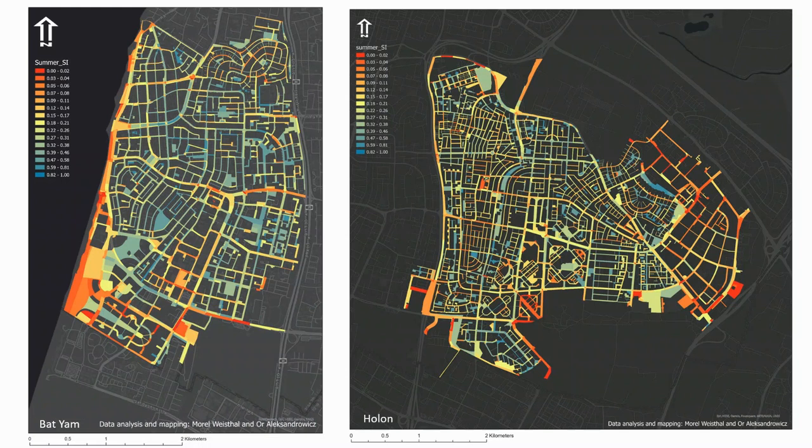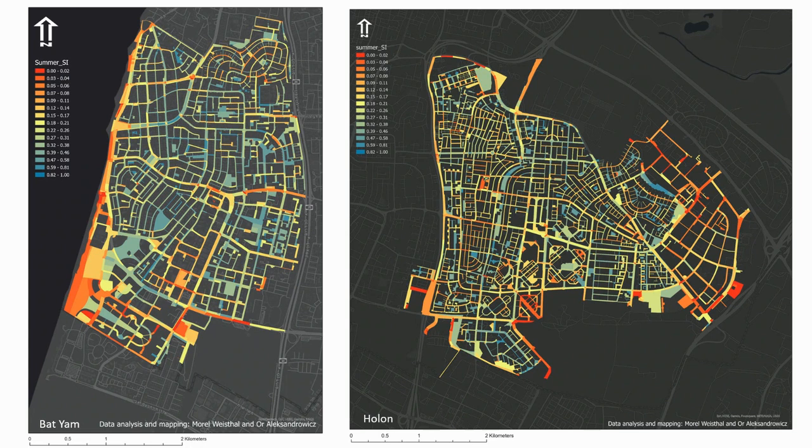Now, we've done this for several cities in Israel of different sizes, from about 10 square kilometers to about 50 square kilometers. And we hope to continue doing this in the next year because there is an interesting project going on in Israel, a national project of tree planting for shade purposes.